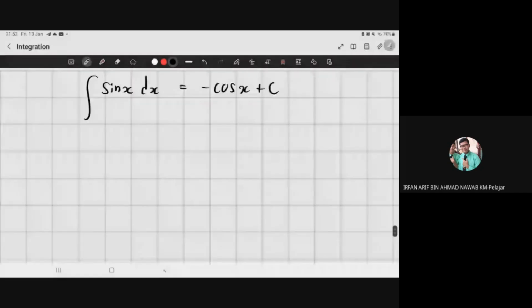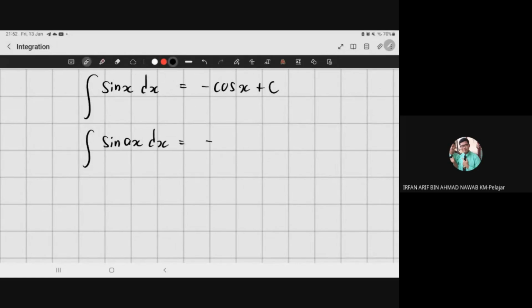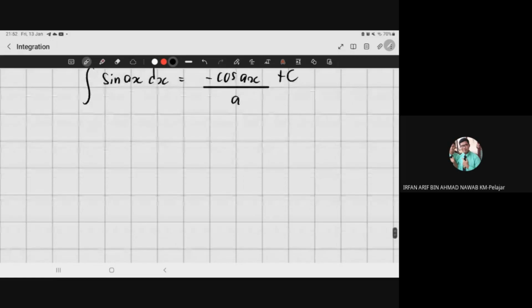If you have a coefficient in front of the x, let's say sine ax dx, you will obtain negative cosine of ax over a plus c. Another one: if we integrate cosine of x dx, you will obtain sine of x plus c.